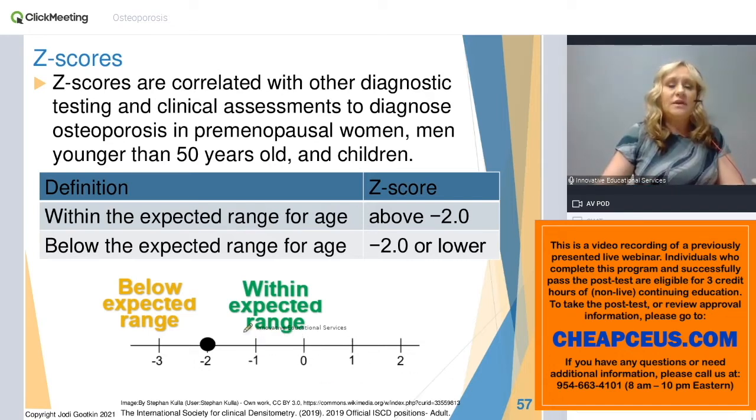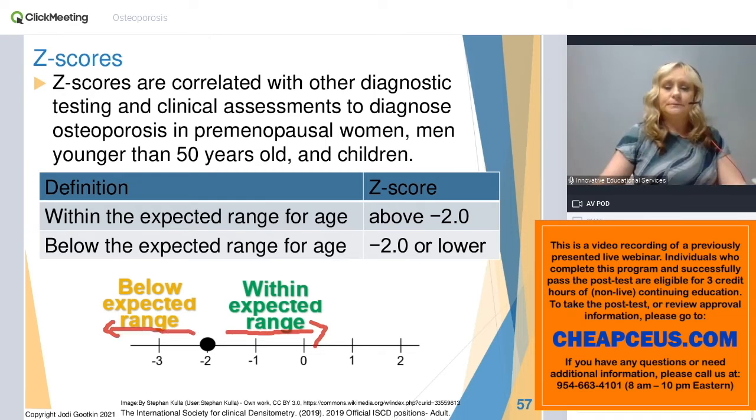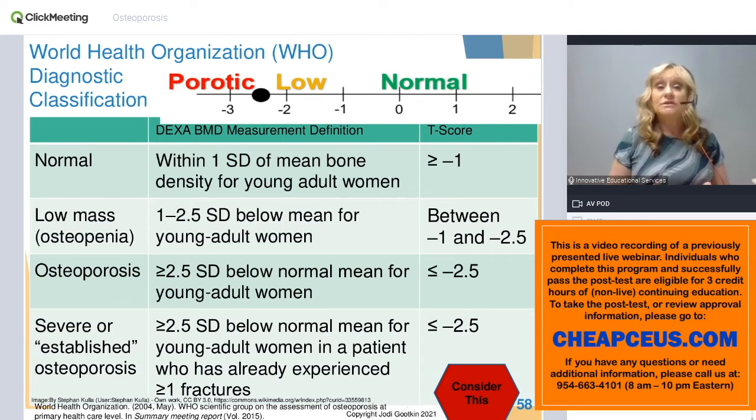Are they within the expected range, so they're above a -2, or are they below the expected range for like-matched comparison? What we're going to see more commonly, the World Health Organization classification is utilizing our T-scores.